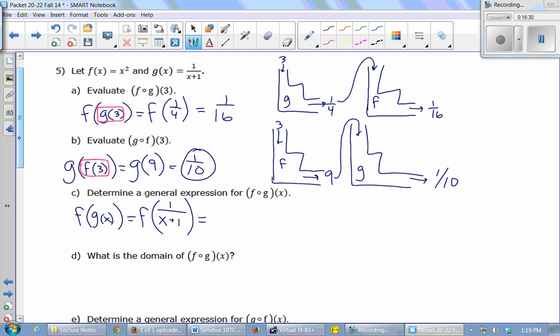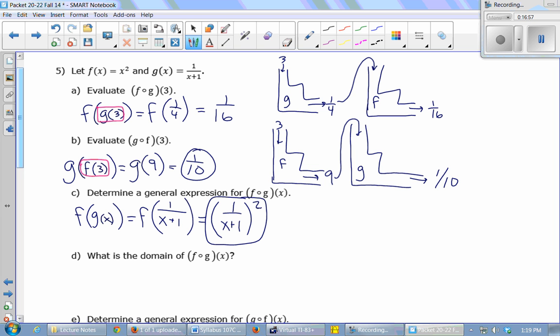So when I put in a 1 over x plus 1, f is the machine that squares things, so I'm going to get 1 over x plus 1 squared. And I could draw a picture of how this is working. So this is my formula. And we could just check. If you put a 3 into this function, what do you get? 1/16.